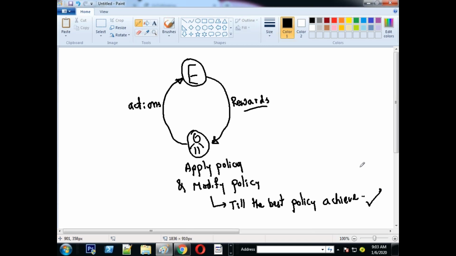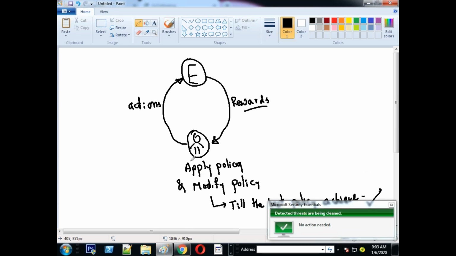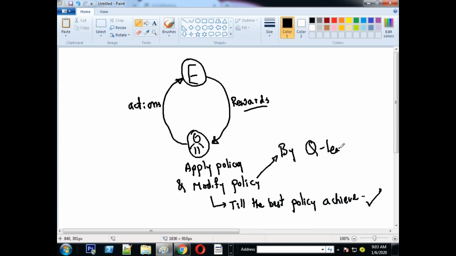Understood my points? Take this picture. Who modifies this policy? This is done by Q learning.